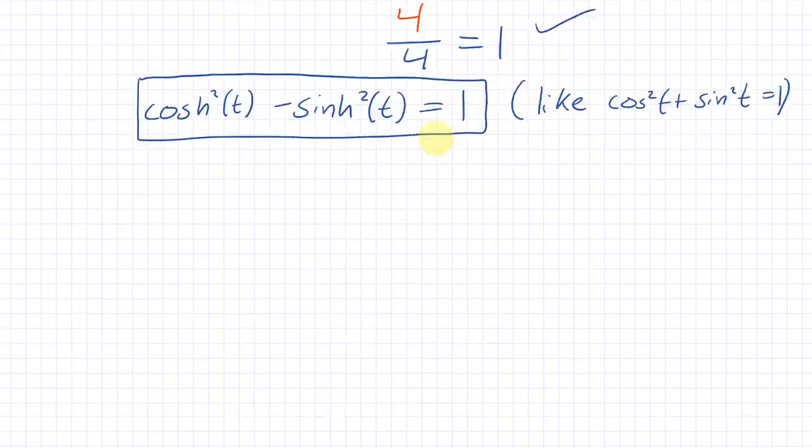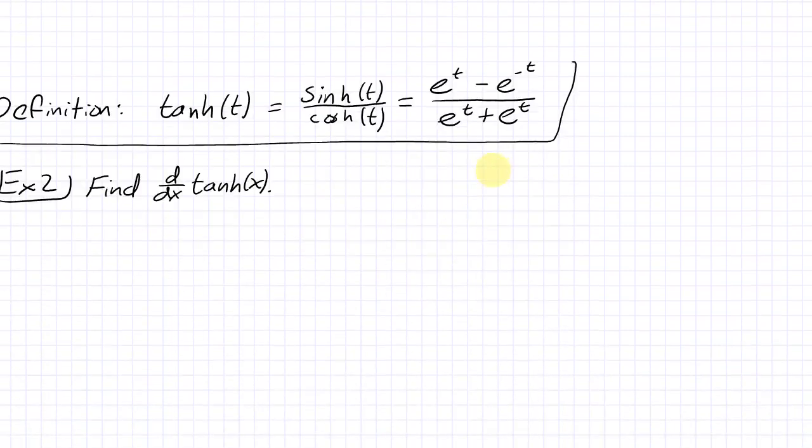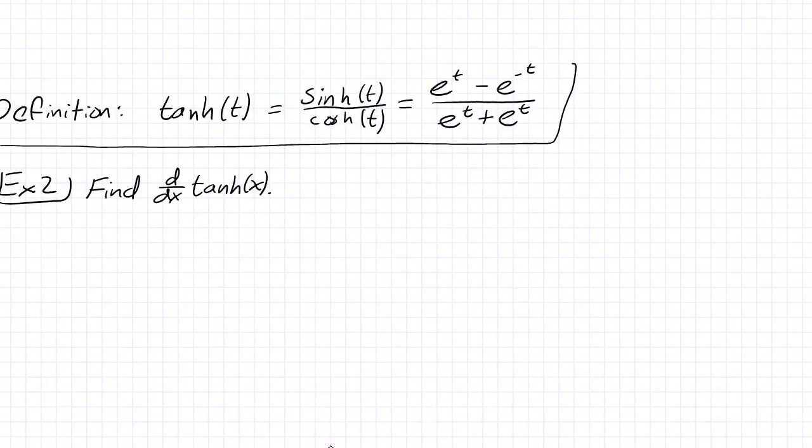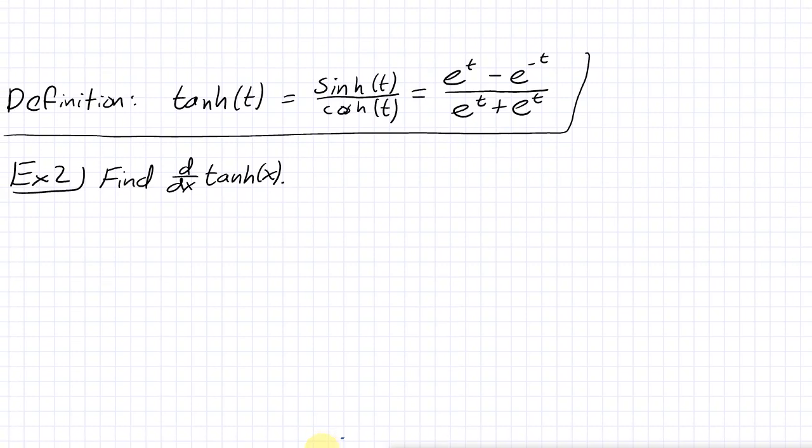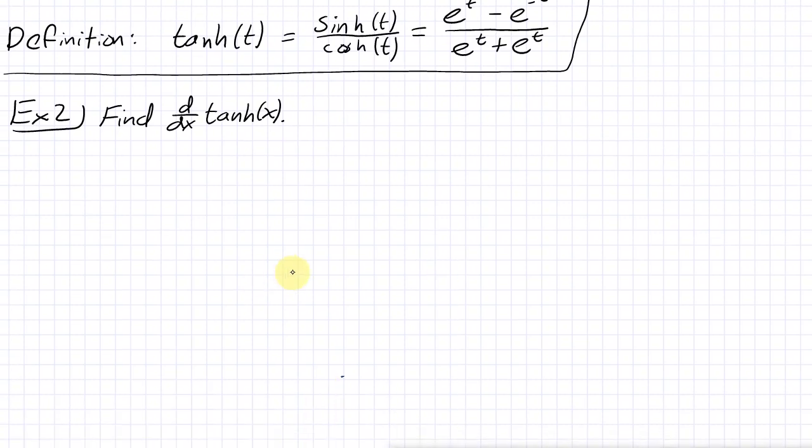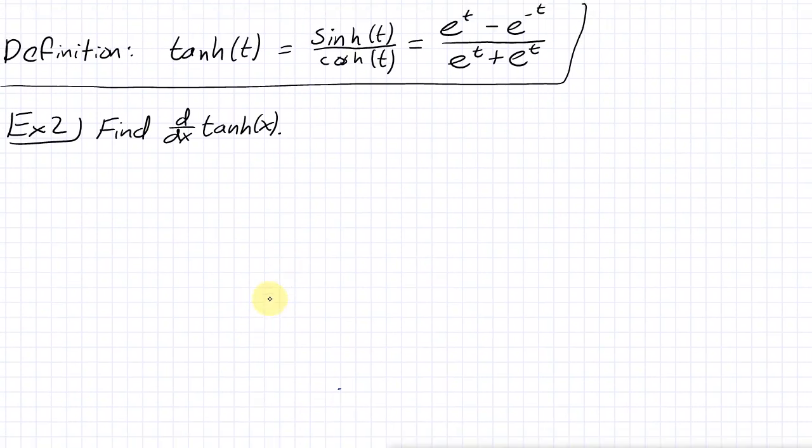Let's do one more example, this time with the tanh function. And the definition of the tanh function is what you might expect. It's the hyperbolic sine function divided by the hyperbolic cosine function, and it comes out to be this thing here. So let's find the derivative of this tanh function using what we know so far.